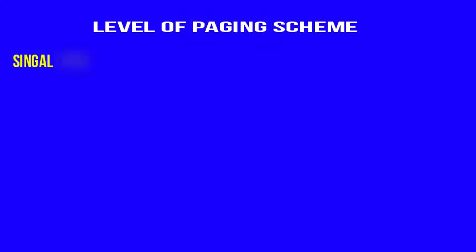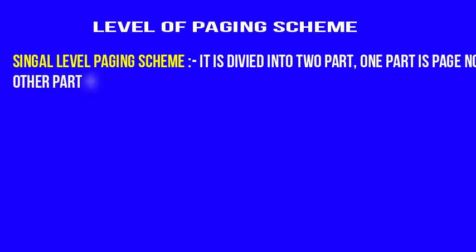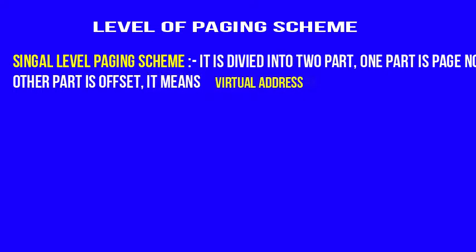Level of paging scheme. Single level paging scheme means the virtual address is divided into two parts. One part is called page number and the other part is called offset. It means virtual address equals page number plus offset.